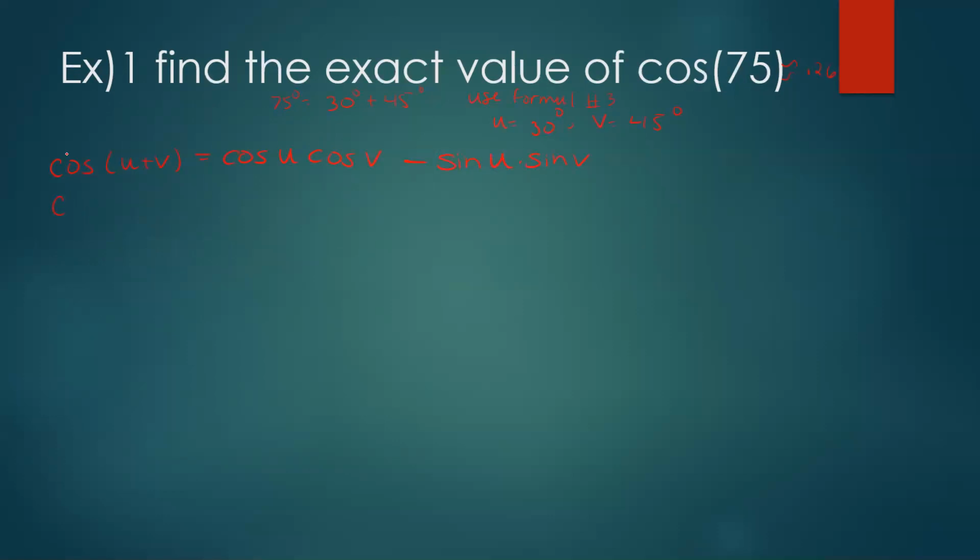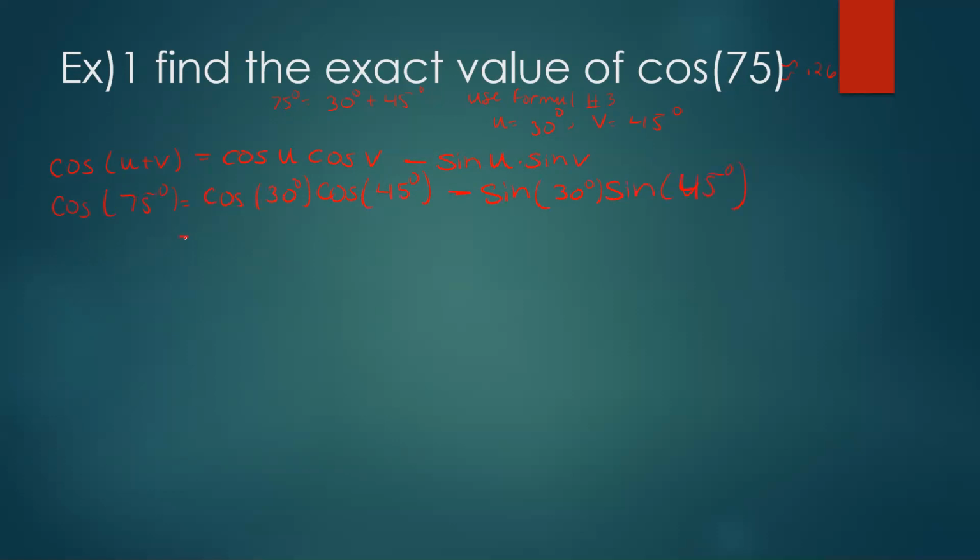So cosine of 75 degrees equals cosine of u, which is 30 degrees, times cosine of v, which is 45 degrees, minus sine of u, which is 30 degrees, times sine of v, which is 45 degrees.